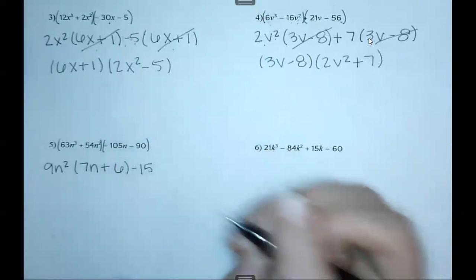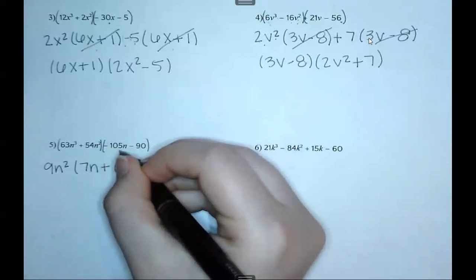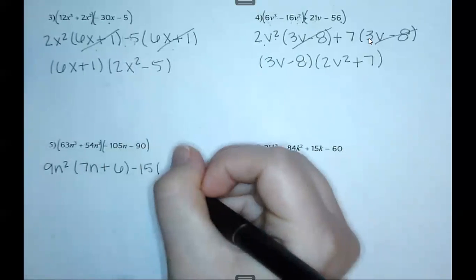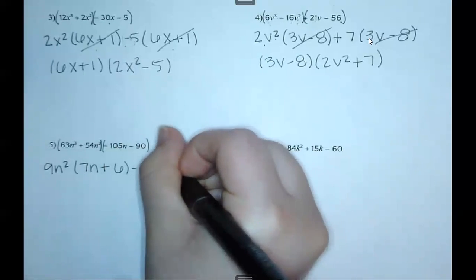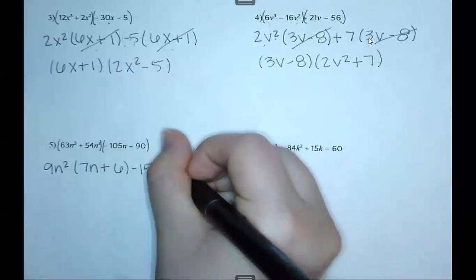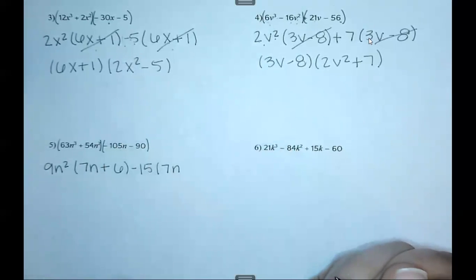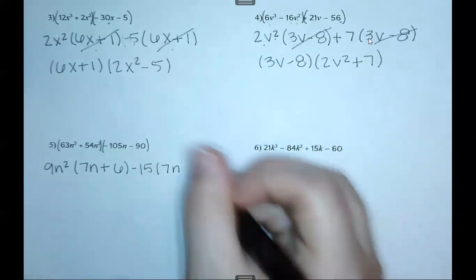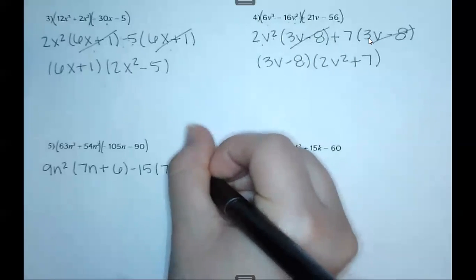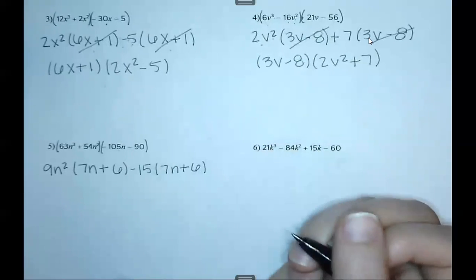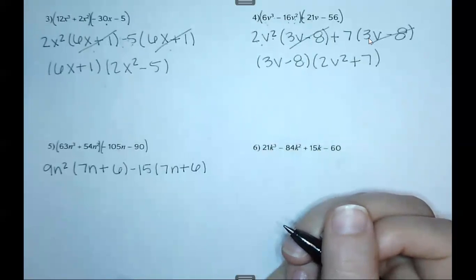So I'm going to pull a negative 15 out of both. So 105 divided by negative 15 is 7. It has an n with it. And then negative 90 divided by 15 is positive 6. All right, so we have now pulled the GCF out of both.